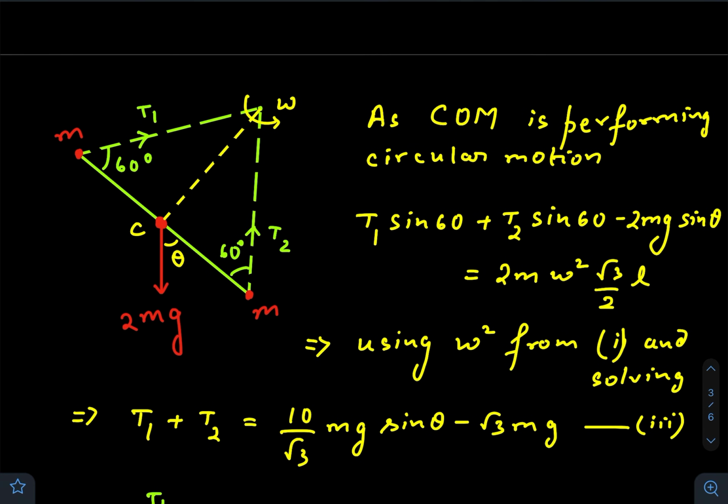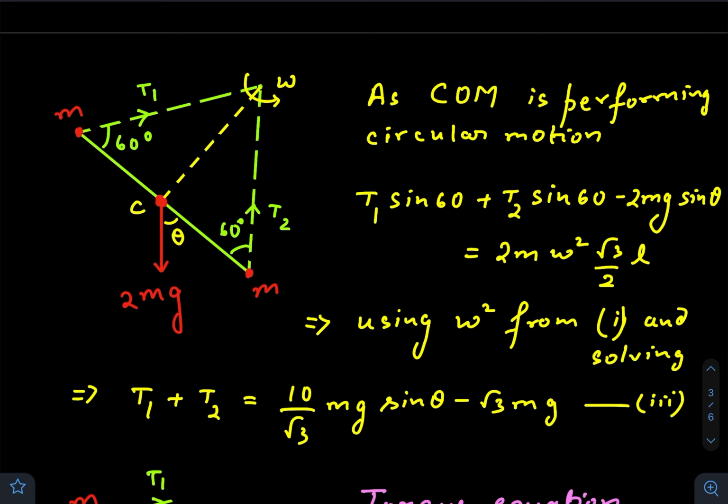Now we need to find out T1 or T2. Any one of them will give you the answer. Now the center of mass is performing circular motion, no doubt in that. So the net force acting on the center of mass towards the center would be T1 sin theta plus T2 sin theta minus 2 mg sin theta. Just don't keep any confusion, just draw this T1 here.